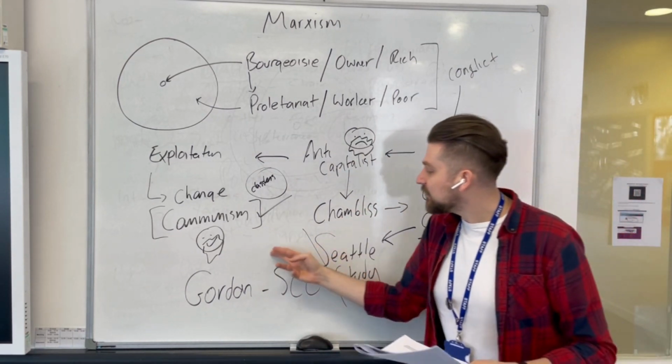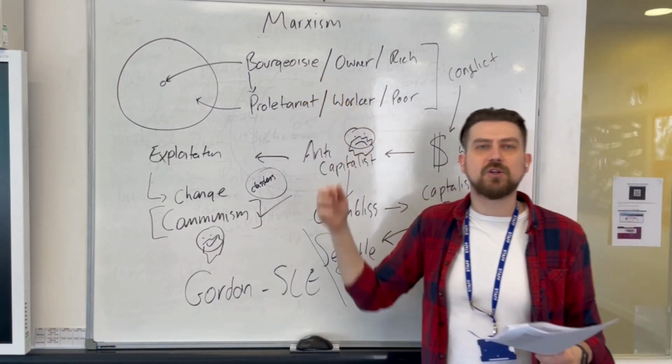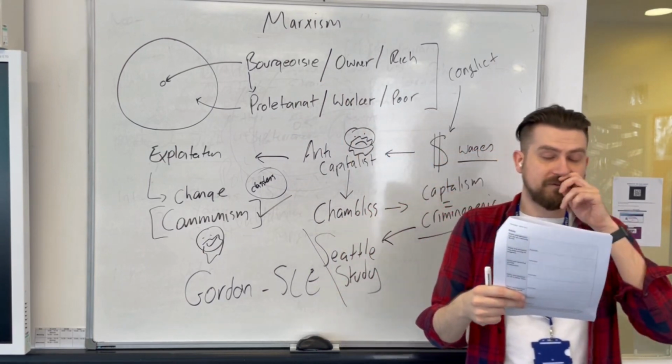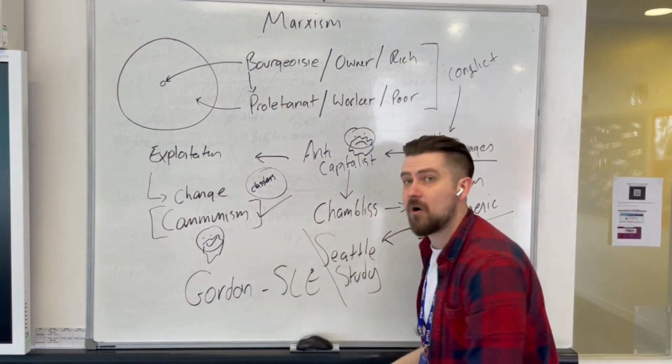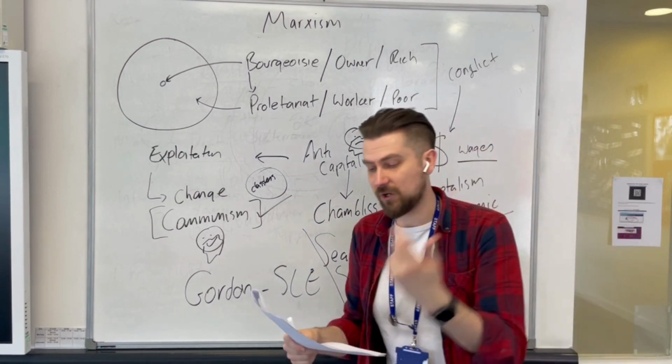So the police will police differently in relation to what class you might be from. And this is Marxist theory on criminality from a sociological perspective.